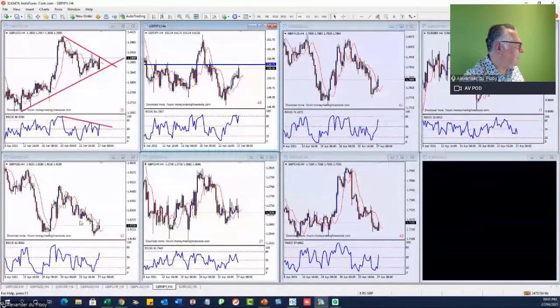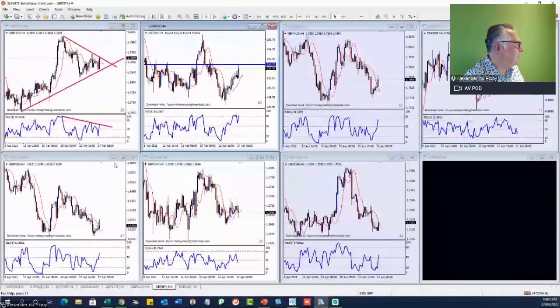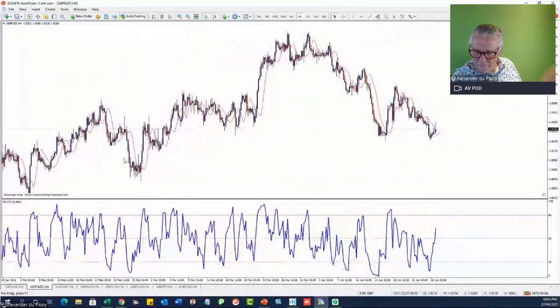That one's messy, and pound New Zealand. Oh, that's a nice one. Pound New Zealand. All right, this is a pity it's not making a divergence.